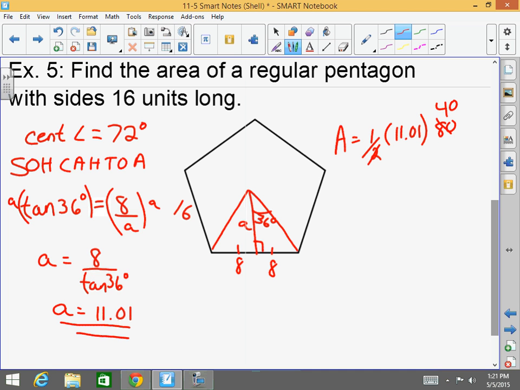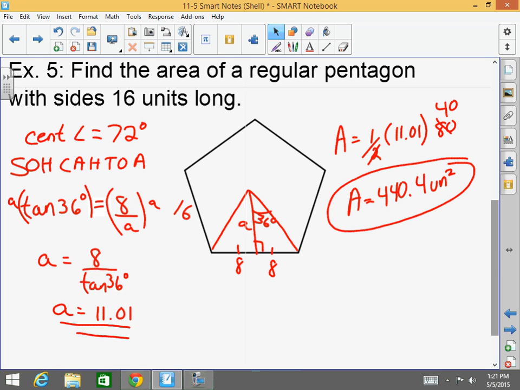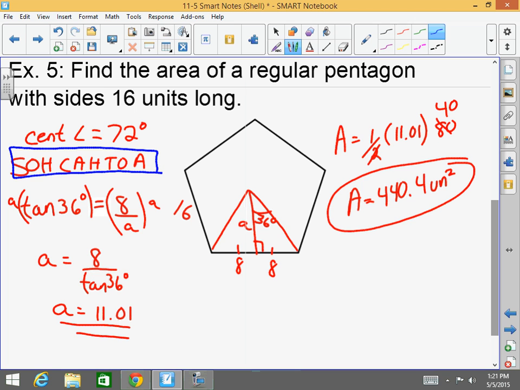So 40 times 11.01 will equal 440.4 units squared. Okay? So you must remember your sine, cosine, and tangent. If you don't, I suggest strongly for you to rewatch the videos on those.